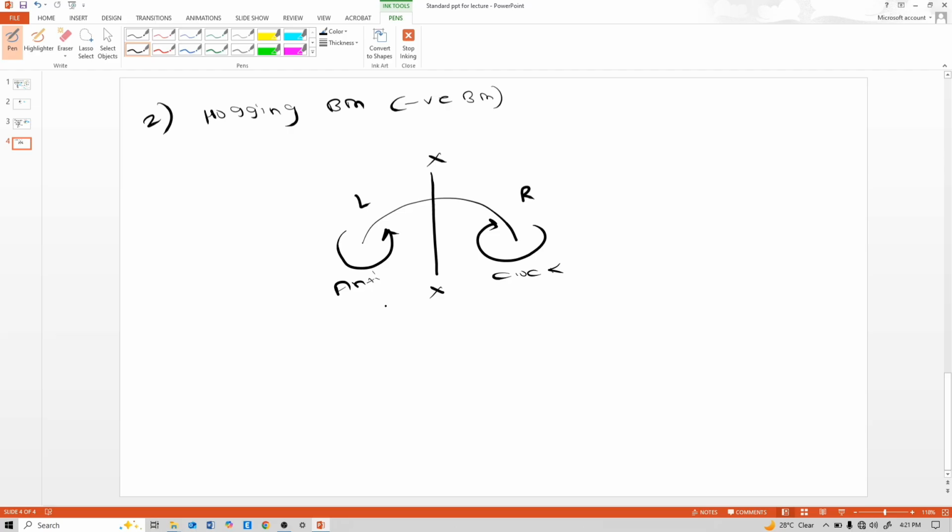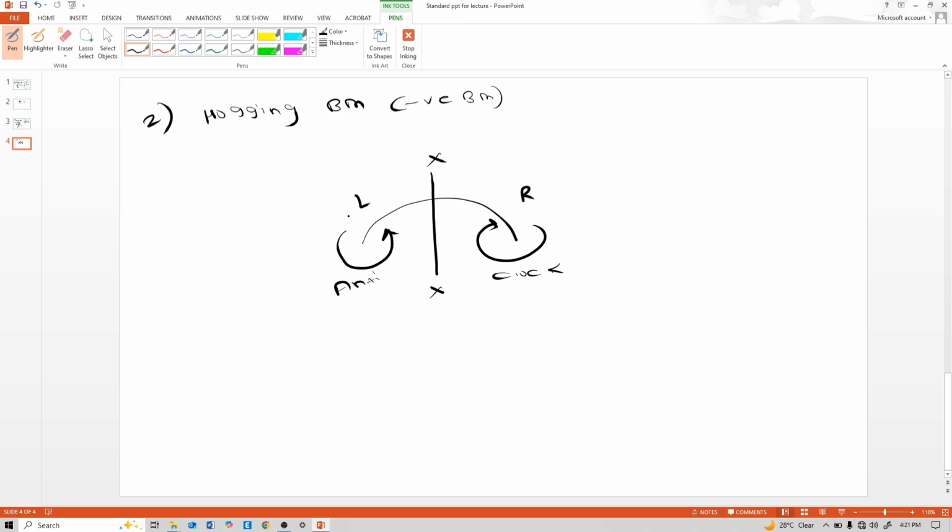When the anti-clockwise moment on the left of the section or clockwise moment on the right of the section is considered as negative bending moment or hogging bending moment. Downward force on either side of the section of beam tends to bend the beam so that it produces concavity above the center line is called as hogging.